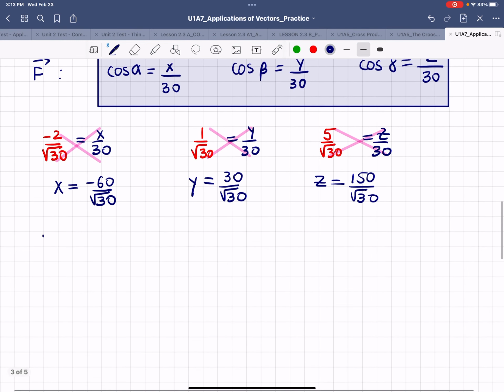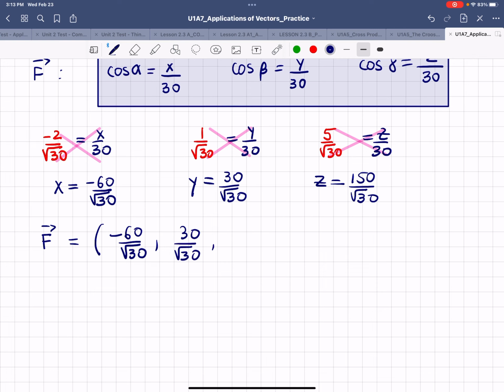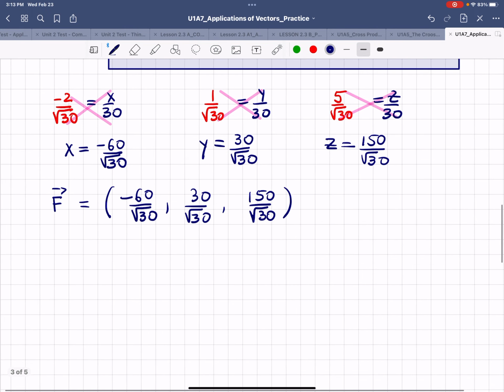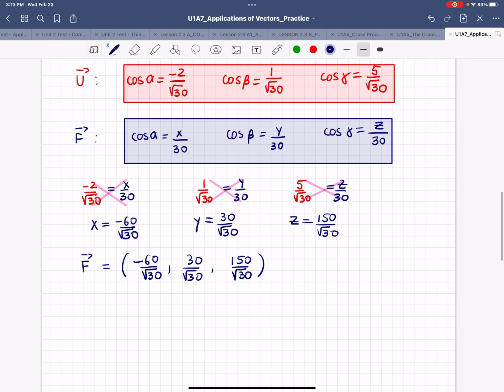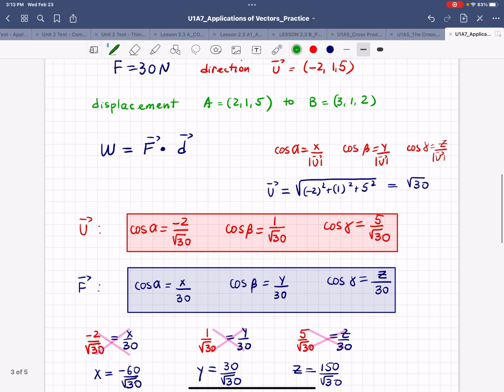So the coordinates of vector f are negative 60 over root 30, 30 over square root 30, and 150 over root 30. You can simplify or reduce to lowest terms as well. I'm going to move on to finding the displacement, and I will simplify the answer at the end.